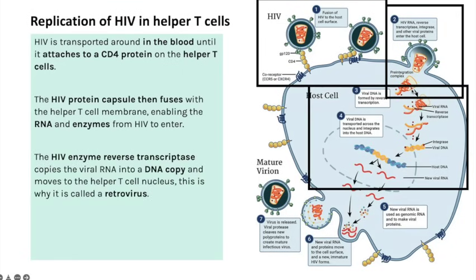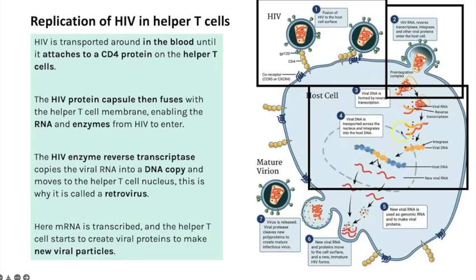The HIV enzyme reverse transcriptase copies the viral RNA that's been injected into a DNA copy and moves to the helper T cell nucleus, and this is why it's called a retrovirus. Here, the mRNA is transcribed and the helper T cell starts to create viral proteins to make the new particles.